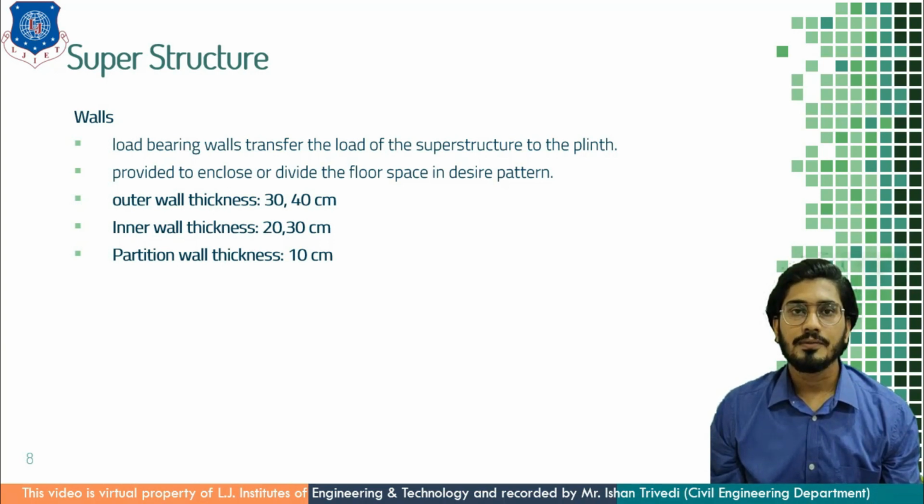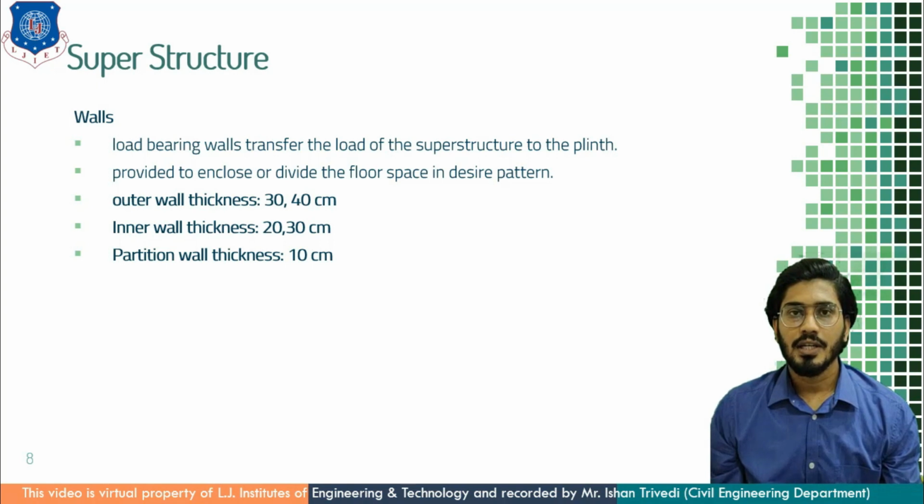The outer wall is the peripheral wall of a building. The inner wall is provided to support the structure at certain intervals. And lastly, the partition wall of thickness 10 centimeter is provided just to achieve the privacy of a building element, like we provide a partition wall in toilets and bathrooms to achieve privacy of that particular area.